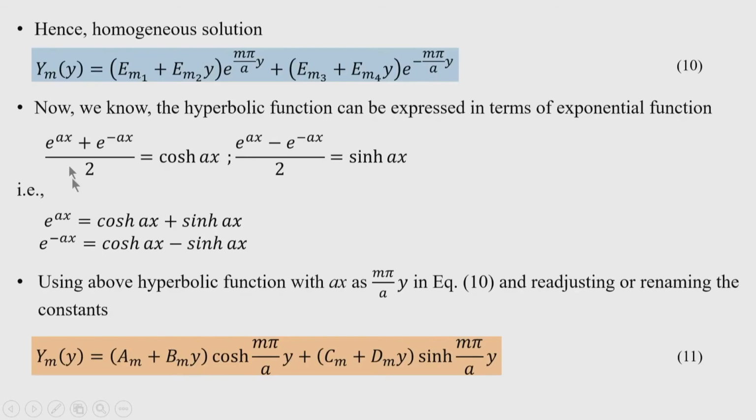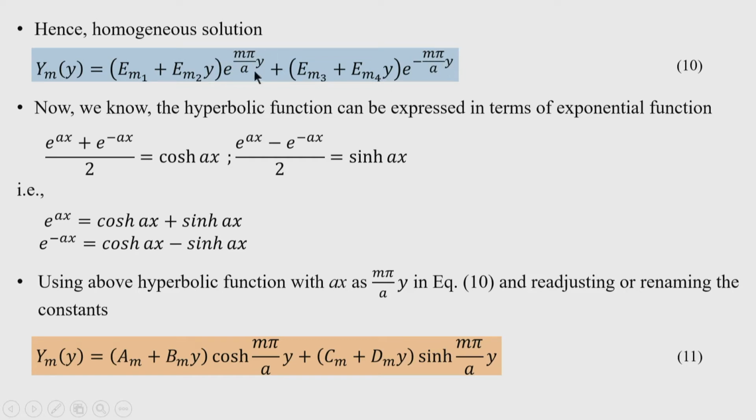And then we can write the solution simply as E m 1, where E m 1 is a constant, plus E m 2 times y, because of repeated roots, here we are assigning a function y, into e to the power m pi by a into y, plus E m 3 plus E m 4 y into e to the power minus m pi by a into y.